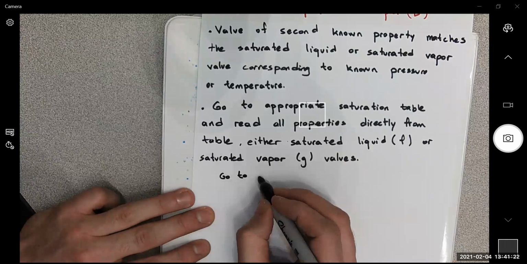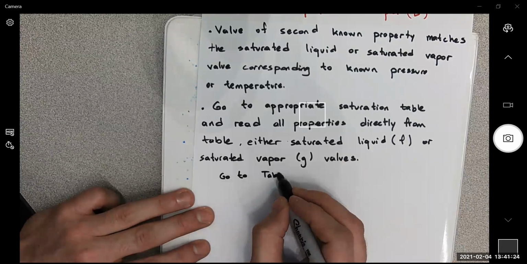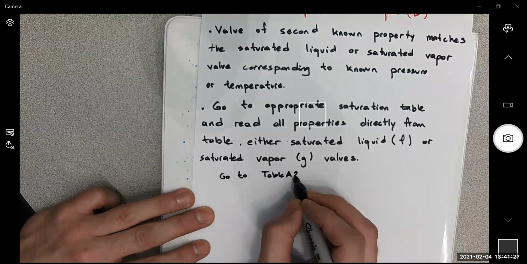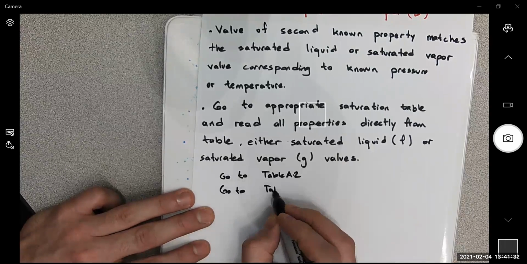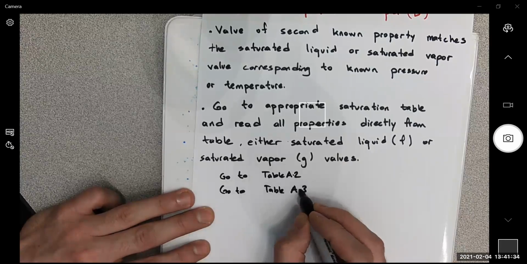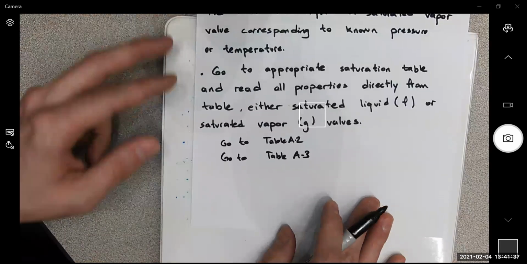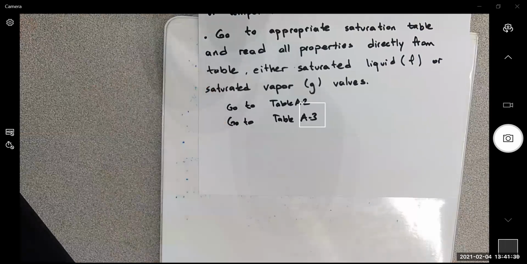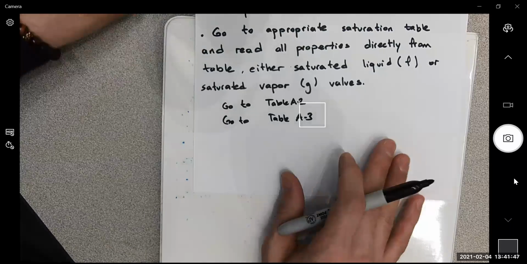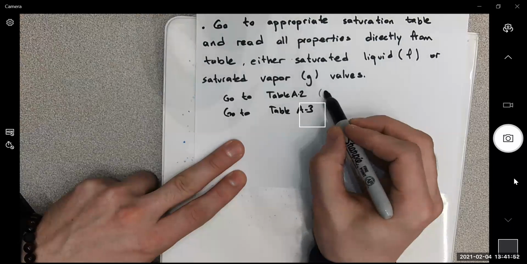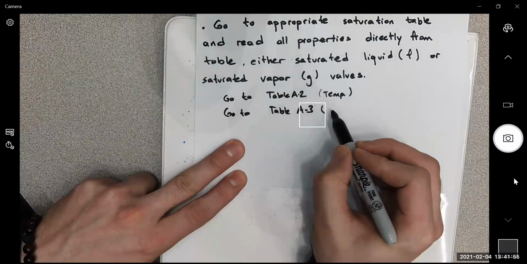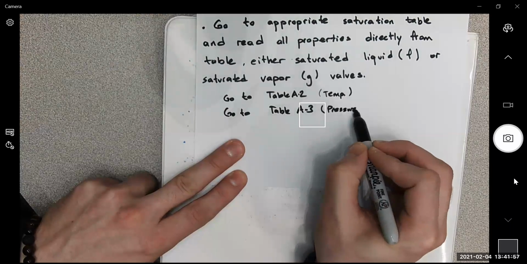For example, with water, go to table A3 or table A2. In this case, it's temperature and pressure.